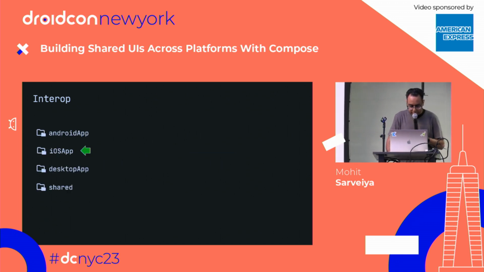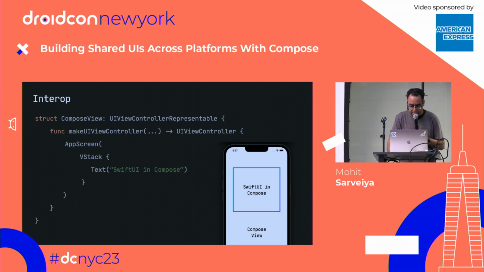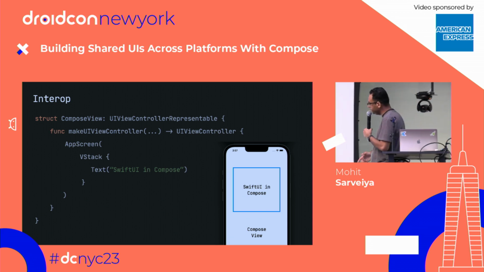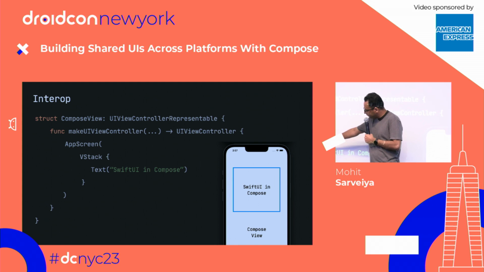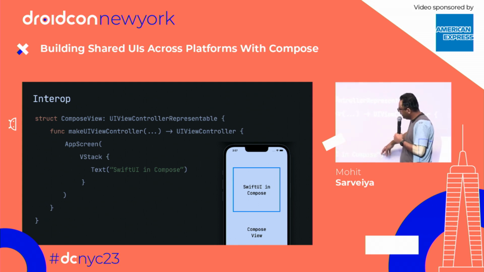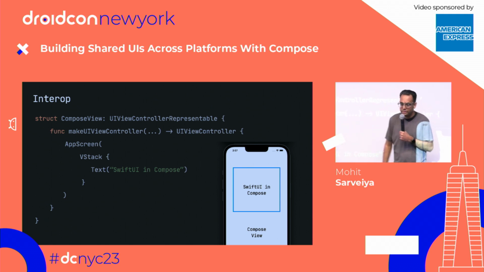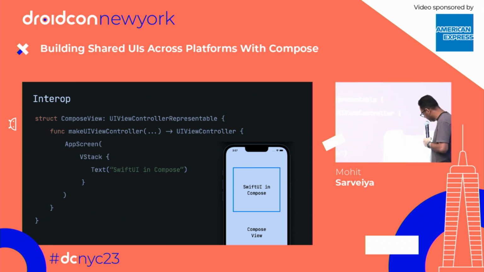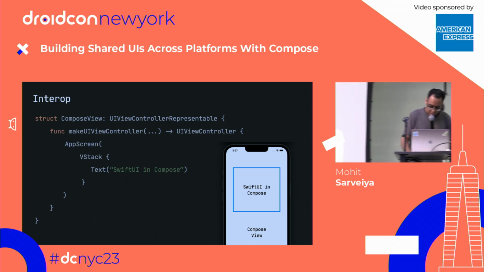The way this works is that in my iOS app, I'm going to create a struct UIViewControllerRepresentable, and I'm going to call this app screen method, and in the lambda over here I'm going to provide SwiftUI code, it's a VStack, for example, and whatever text I want to show. It knows how to handle this as I showed you in the app screen. And when I run that, it looks like this. And I think that's neat.